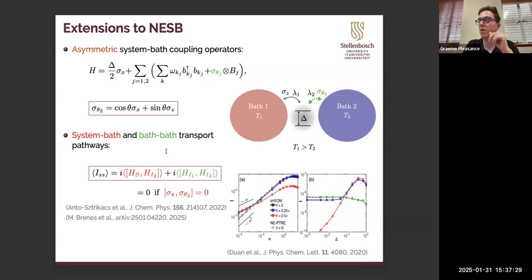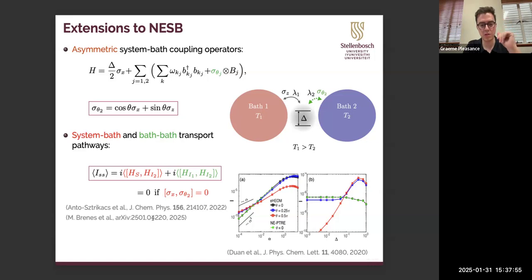This is what's referred to as a bath transport pathway. It represents a type of heat transport that is qualitatively different from the heat transport described by this red term. You can see trivially that if these system interaction operators commute, then this second term disappears. So it only happens in situations where you have this intrinsic non-commutativity between these interaction operators.